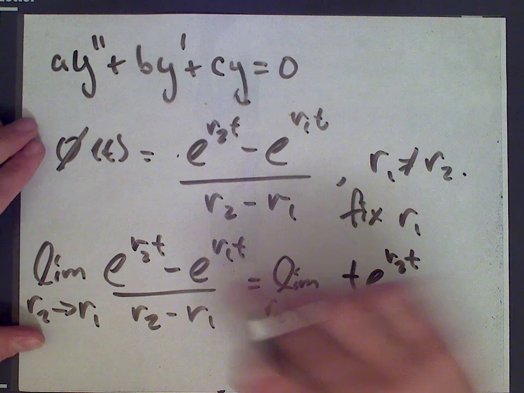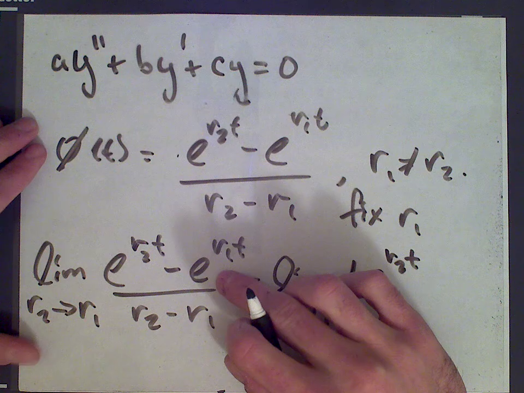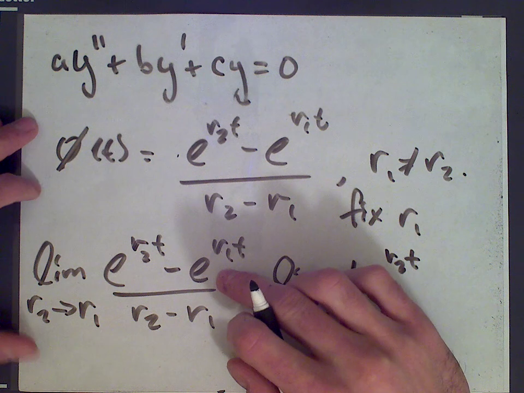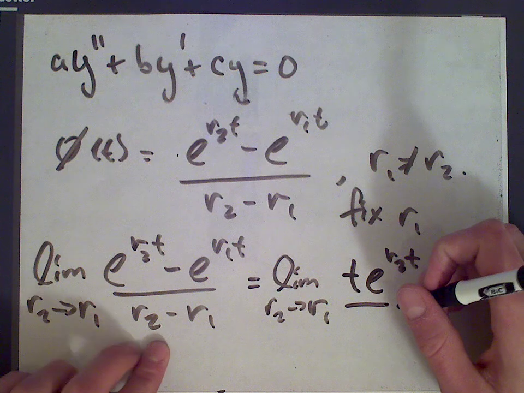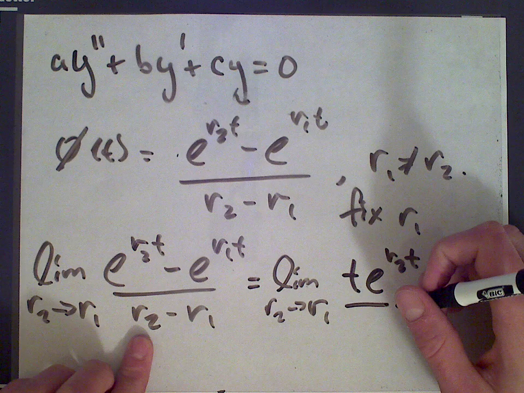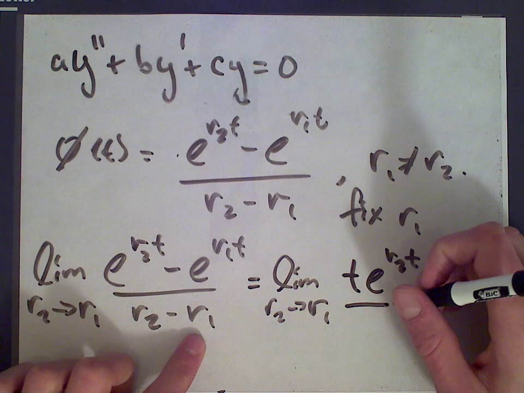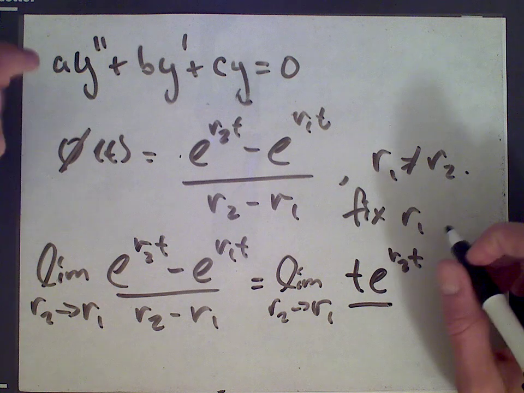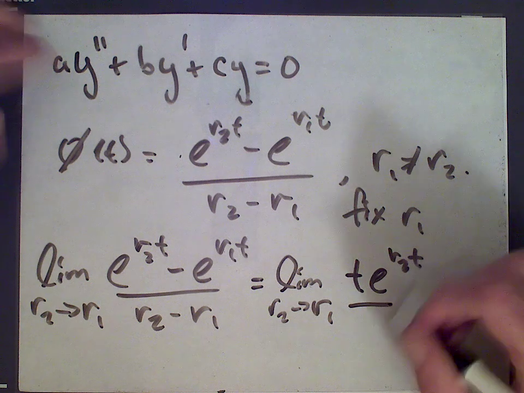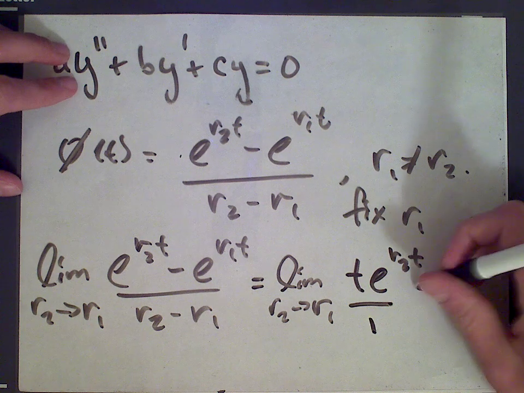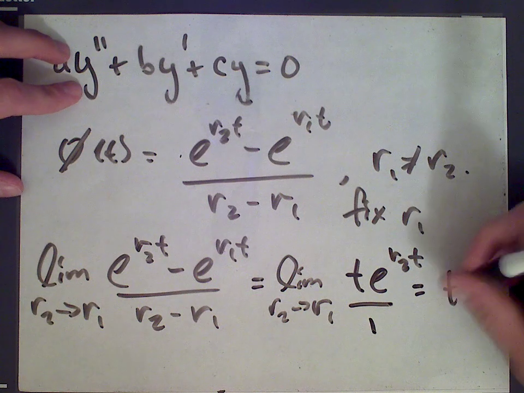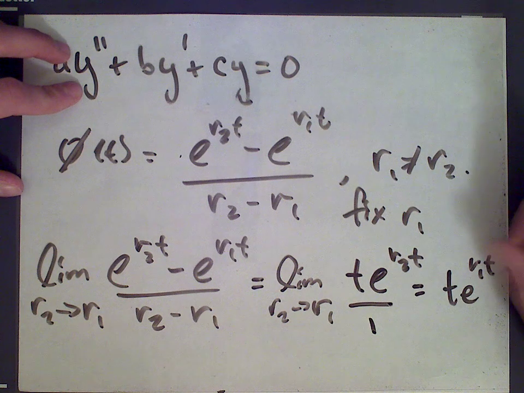This second term here has no occurrence of r2, so its derivative is 0 with respect to r2. And then we divide by the derivative of the bottom with respect to r2, which is 1 minus 0. Again, r1 is fixed as a constant, so its derivative with respect to r2 is 0. And then we find that this limit is t times e to the r1t.